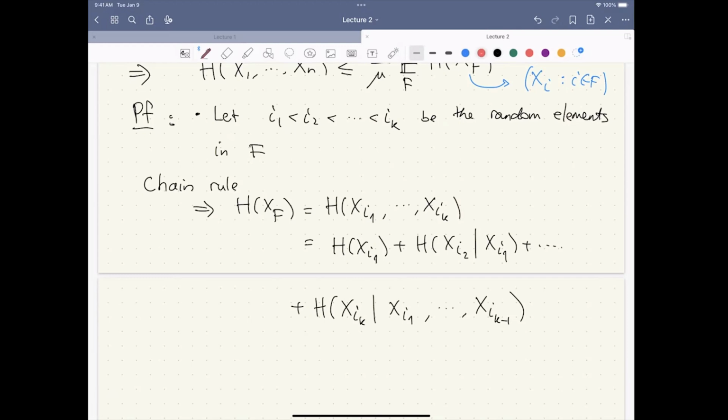Before, we conditioned X_i2 on X_i1, and remember i1 is less than i2. So we can stick in all of X1 through X_(i2-1). We condition on more, the initial segments before i2.